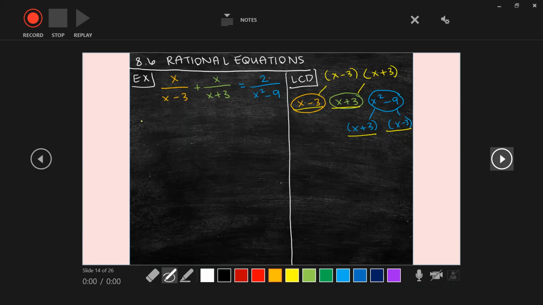So let's see this in action. If I've got x over x minus 3, what do I need to multiply my numerator and my denominator by in order to get x minus 3 times x plus 3 in the denominator? X plus 3. Because we're trying to get x minus 3, x plus 3, this is the part that we're missing.